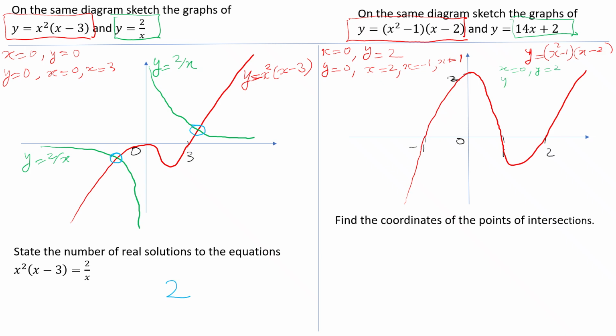When y equals 0, x equals negative 2 over 14, which is negative 1 over 7. So x equals 0, y equals 2. This is the point.